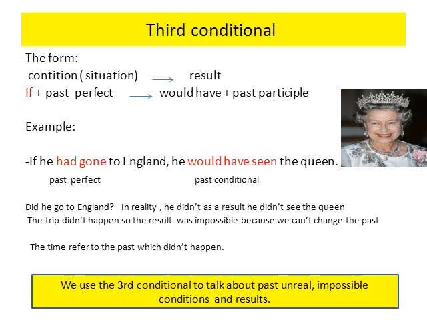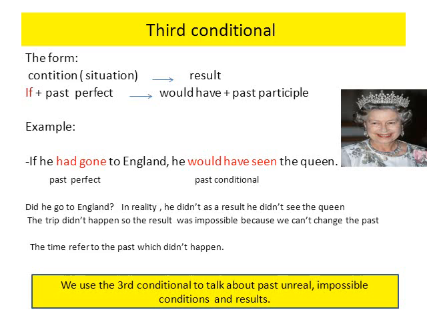Example: if he had gone to England, he would have seen the Queen. Queen Elizabeth II is the Queen of England. If he had gone is the past perfect. He would have seen the Queen is the past conditional. Did he go to England?